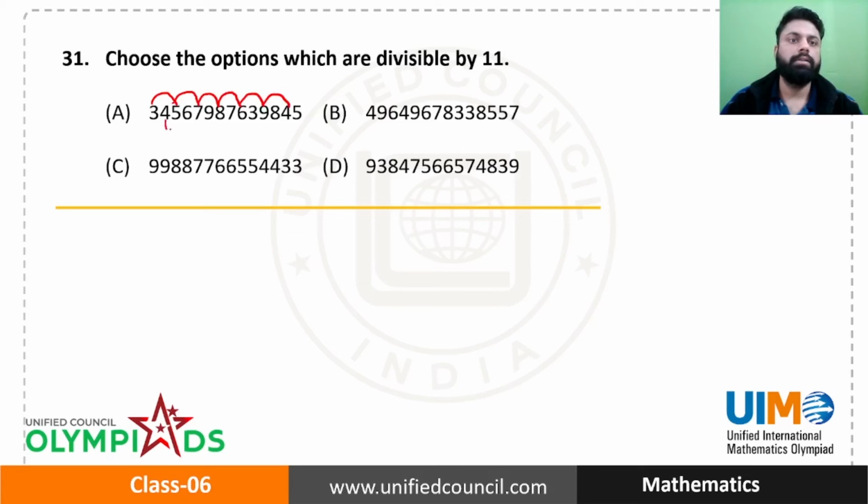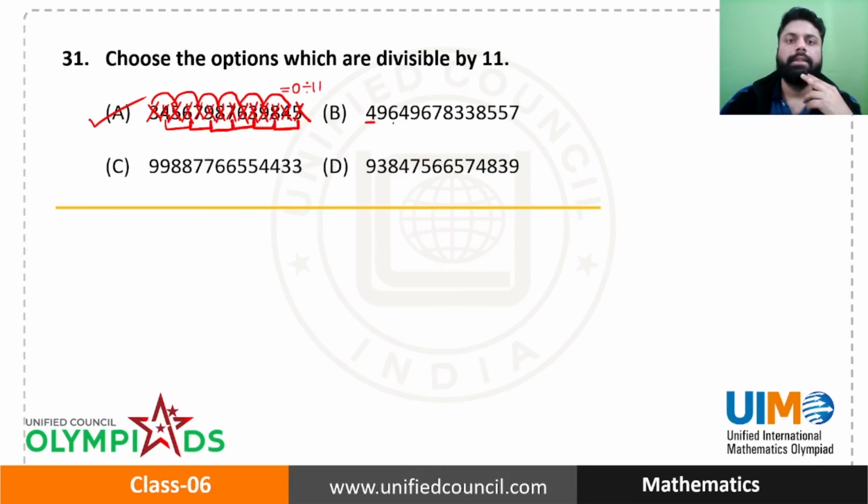So see, 5 and 5, 3 and 3, 6 and 6, 7 and 7, 8 and 8, 9 and 9, 4 and 4. Here the difference is going to be 0, which is divisible by 11. So A option is the correct answer.